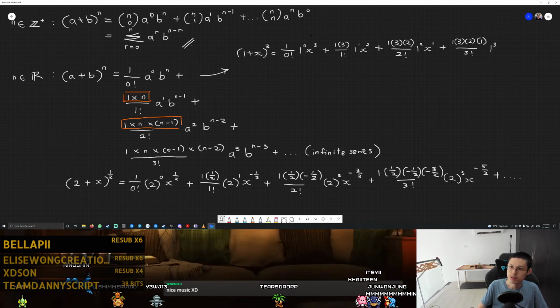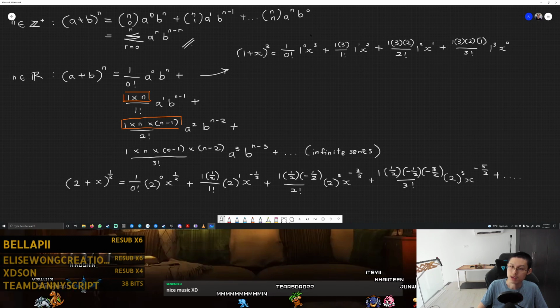This is 1 cubed x. This is going to be 3 minus 3, which is 0. And then it terminates, it stops here.